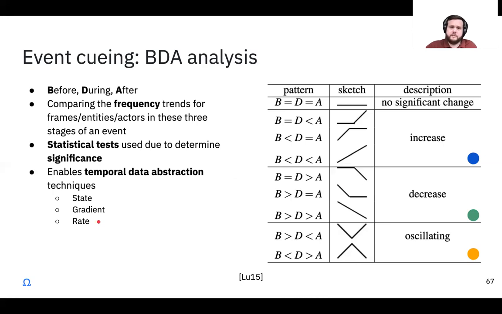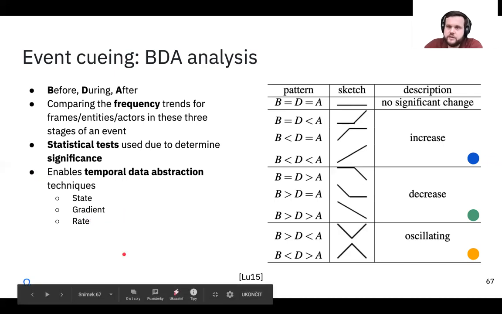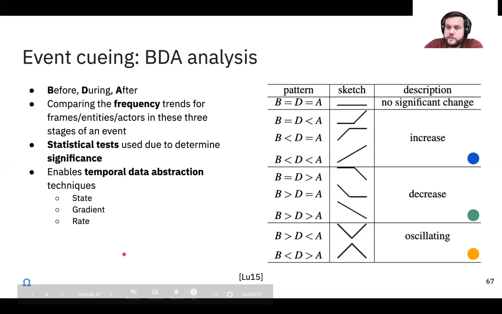The rate is supported by statistical tests, which is the strongest indication that there has indeed been a significant increase or decrease. So it nicely enables temporal data abstraction, and that allows us to reason about the temporal developments much better.